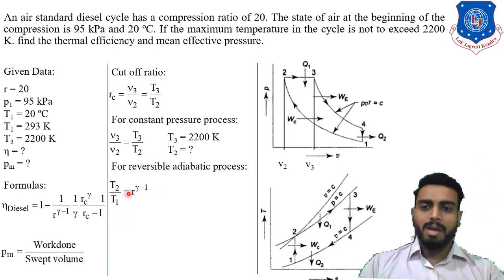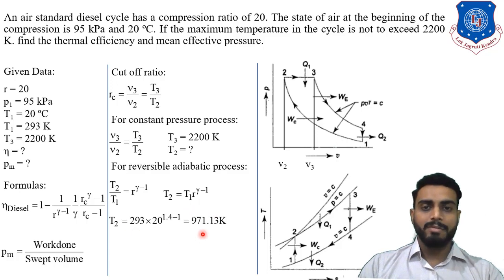We know that R is 20, gamma is 1.4, and T1 is 293 Kelvin. So T2 is equal to T1 times R raised to gamma minus 1. Substituting the values, you will have T2 as 971.13 Kelvin.